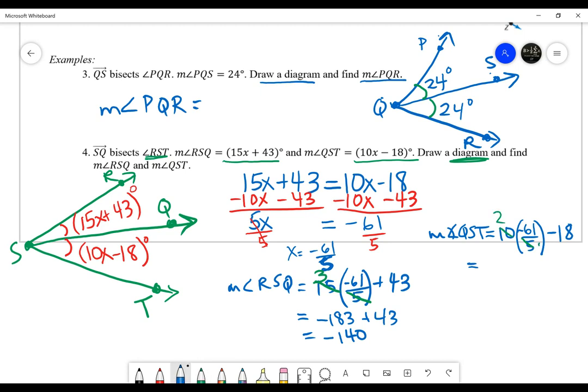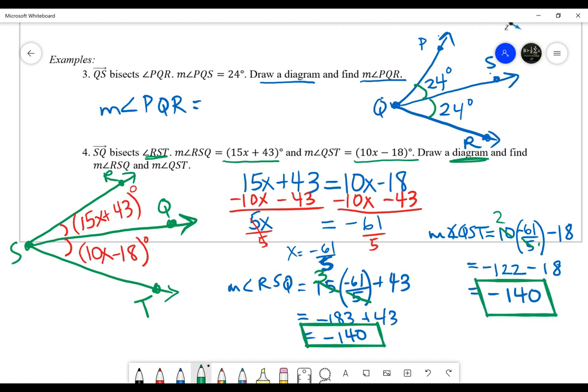And so we get negative 122 minus 18, which is actually negative 140. So we got negative 140 for both of these angles. They're equal. That's going to be our answer.